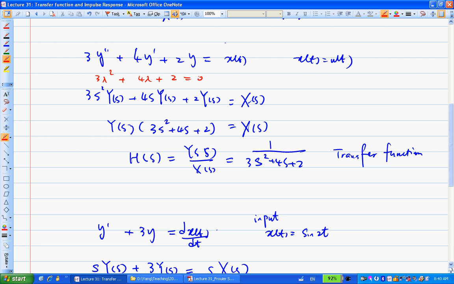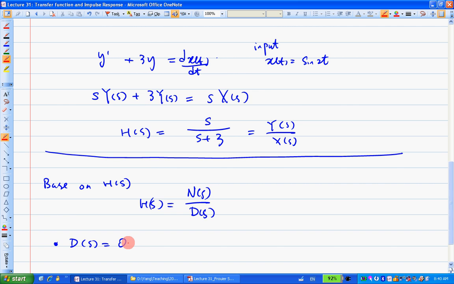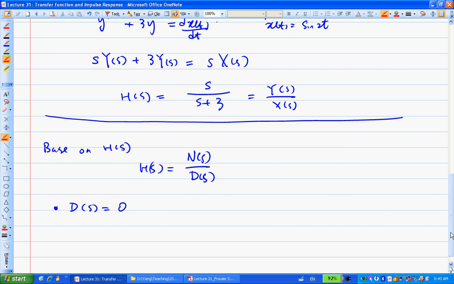That makes sense, right? If you look at this characteristic equation, what's the difference between this one and the denominator equal to 0? The only difference is that this is s, that's lambda there. So this D(s) equal to 0 is basically the characteristic equation that we have been talking about.